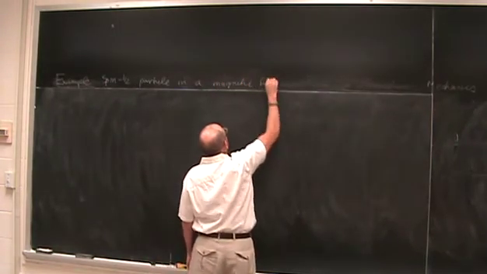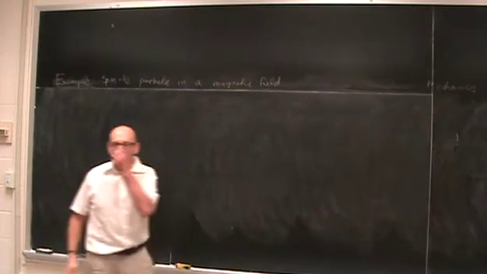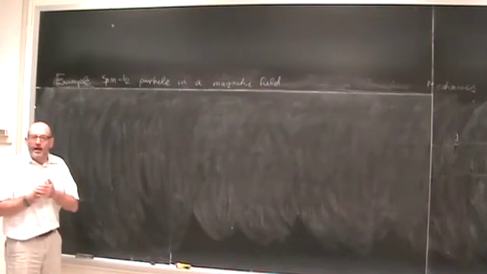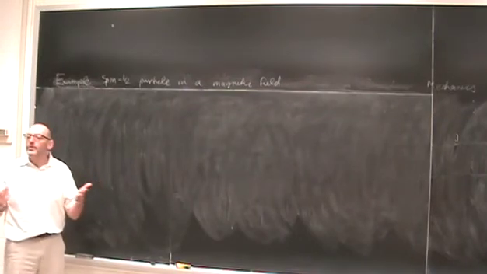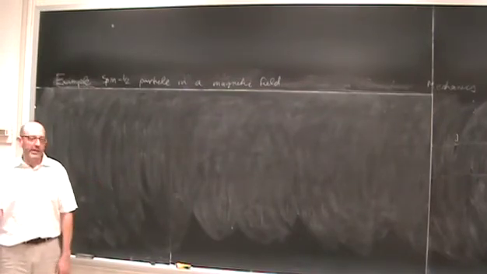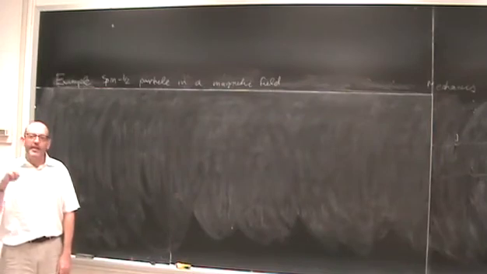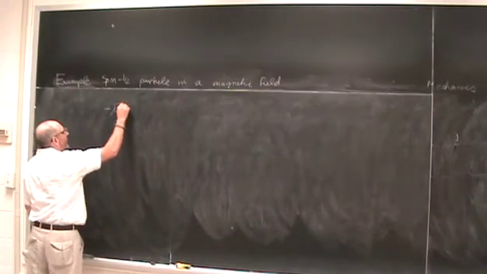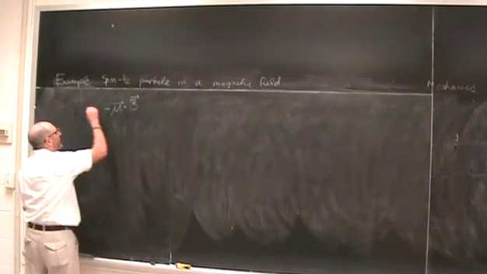And we'll take this to be a constant magnetic field. So we've discussed this before. The energy of the spin in the field is related to the interaction between the magnetic moment, the dipole moment, and the magnetic field. And that energy is minus magnetic moment dot the magnetic field. That's the Hamiltonian.